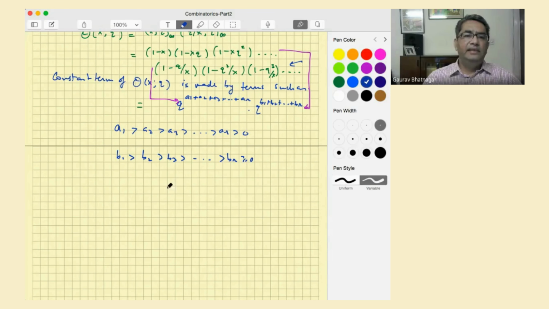So essentially, the constant term is q raised to the power, whatever, this plus this: summation ai plus summation bi, where the a's are of this type and the b's are of this type.